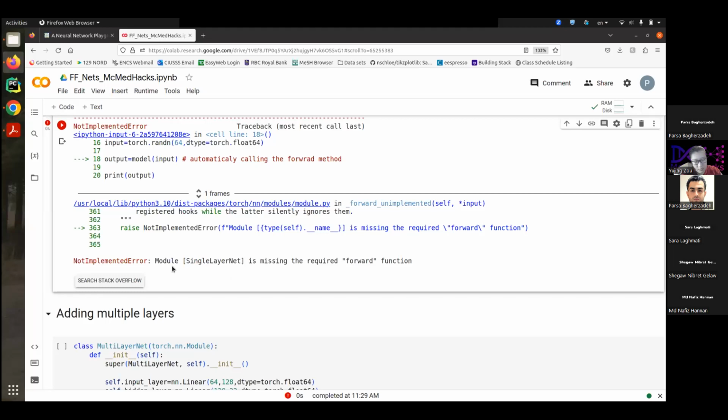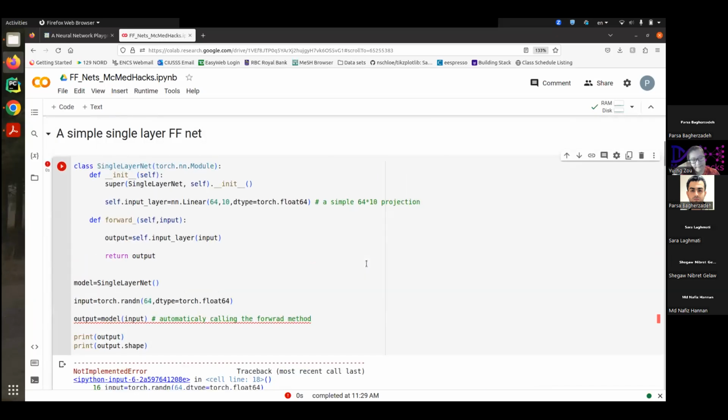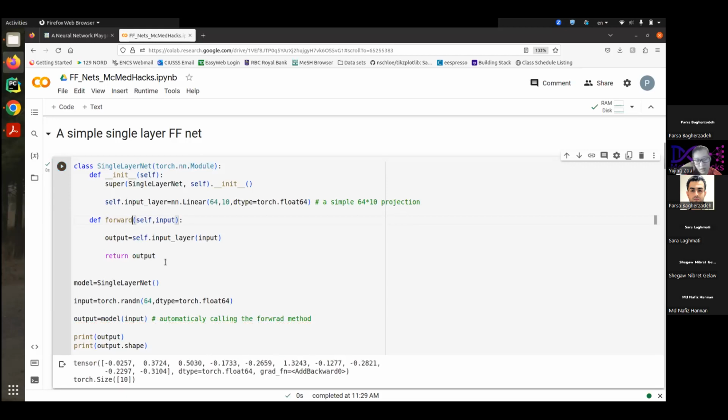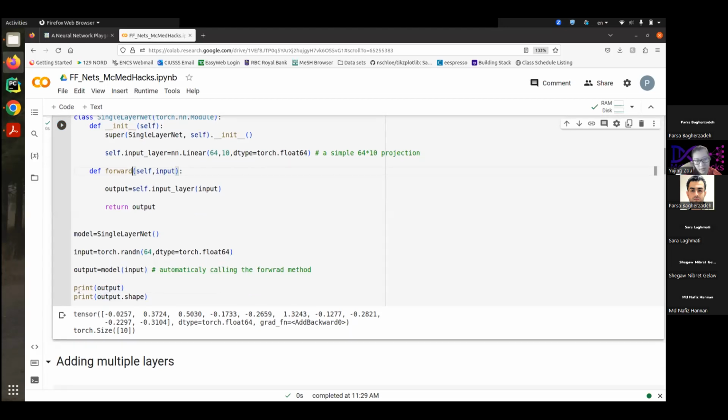It says module single layer is missing the required forward function. Since I have defined this as a PyTorch module, it requires a forward, and it does the forward pass for my network. Then this is my output, and I can see the shape of my output.